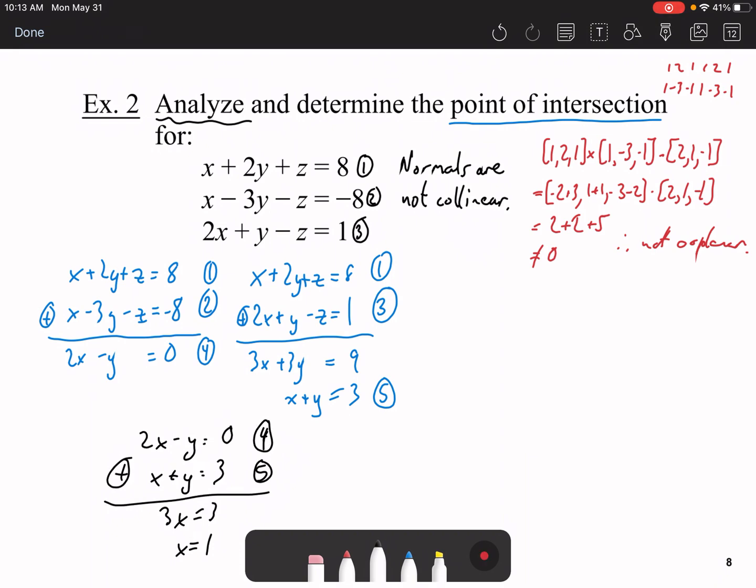So I can take that and substitute back into one of my equations here, either 4 or 5, to solve for y. That means my y value is 2. And I can substitute x equals 1 and y equals 2 into one of my other equations, let's say equation 1, to solve for z.